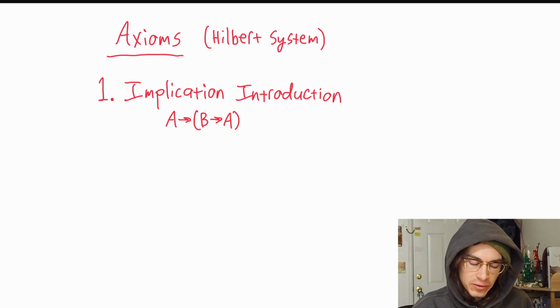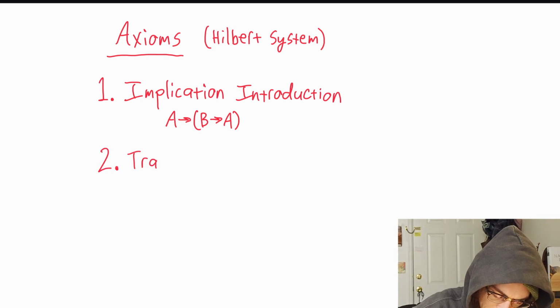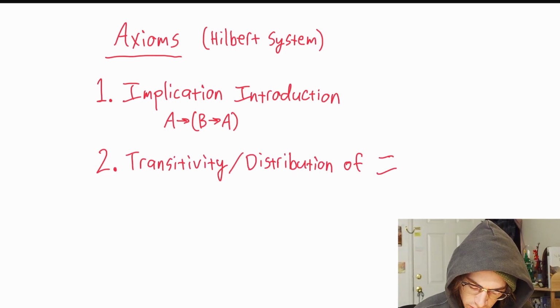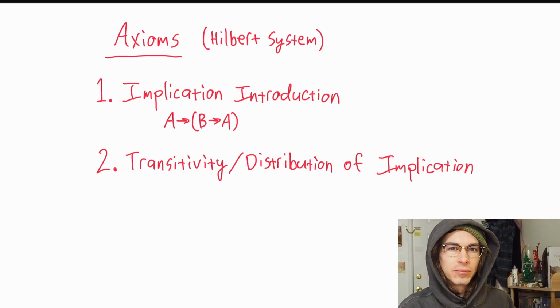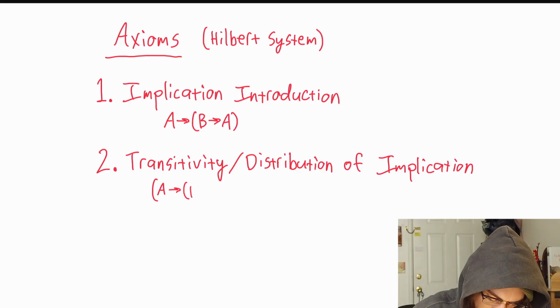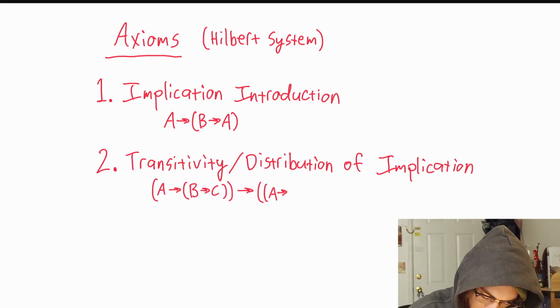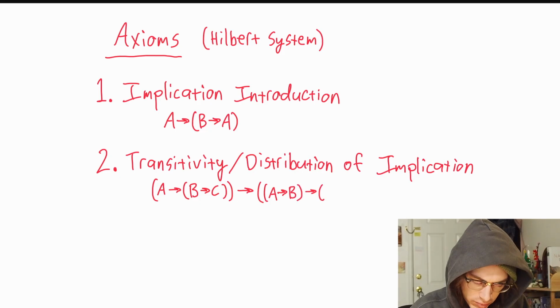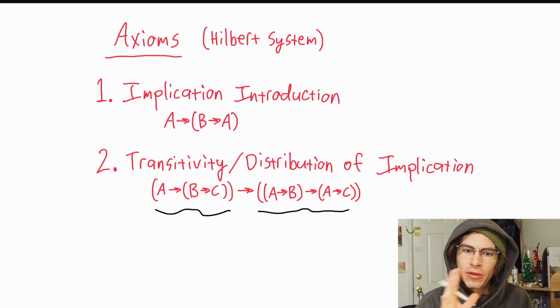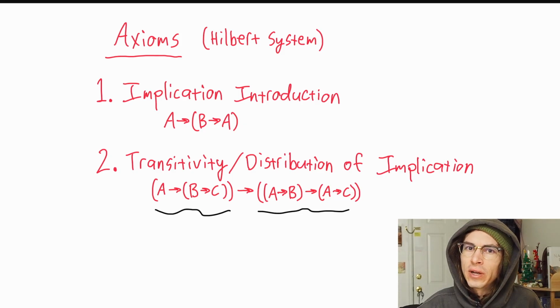The second axiom is called transitivity or distribution of implication. And this one is a little tricky. It says if A implies that B implies C, then A implying B implies that A implies C. So think of the arrow like a gate, where the thing in front of it needs to be true in order to pass through the gate and go to the next thing.